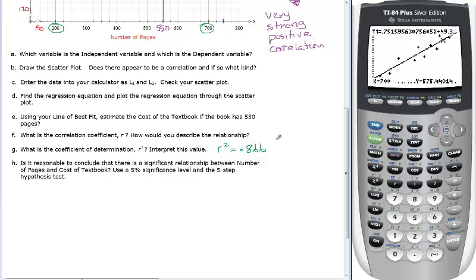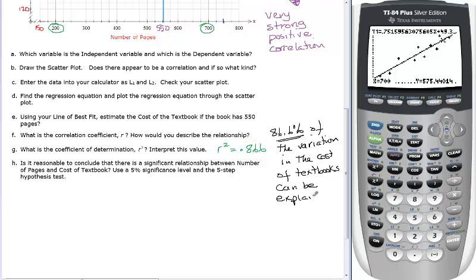Well, it basically means this. It means that 86.6% of the variation or change in the cost of textbooks, which is your dependent variable, can be explained by the number of pages.